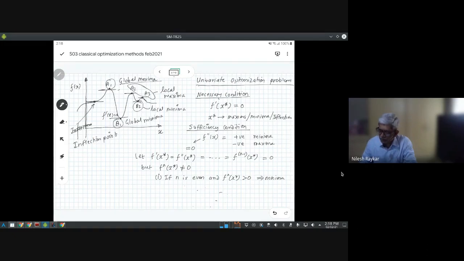The condition you stated is a special case of this, where n is even and if it is positive, then it is minima. And if f n x star is less than 0, then it is maxima.